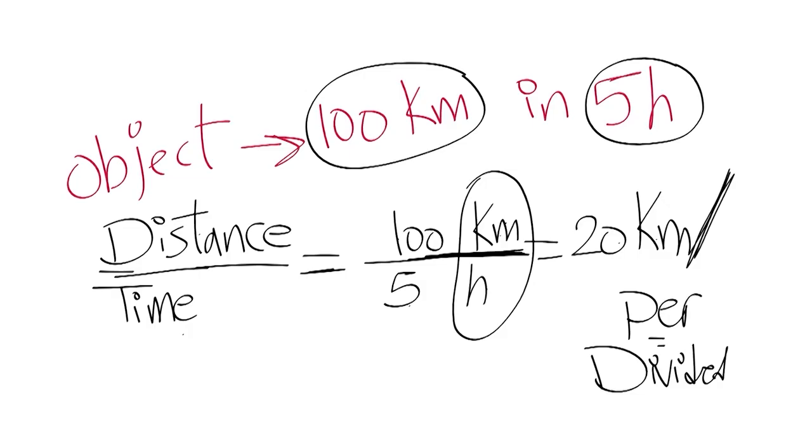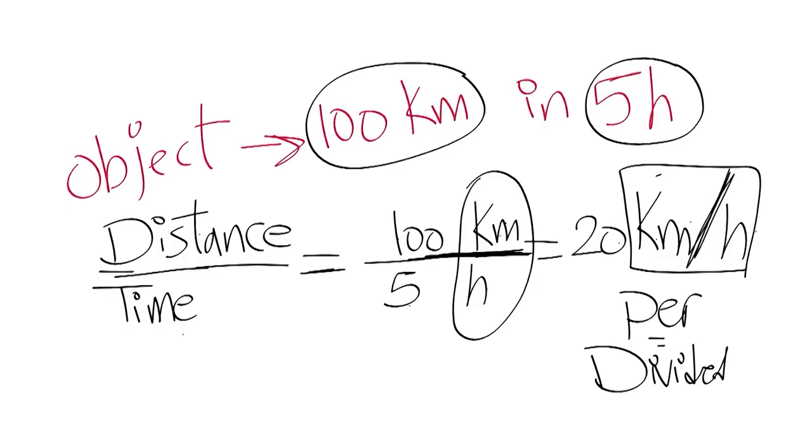Kilometer per hour. This is the unit of the speed. From the rule, it's distance over time, so the unit will be the unit of the distance and the unit of the time. Mix both, and it will give you kilometer per hour.